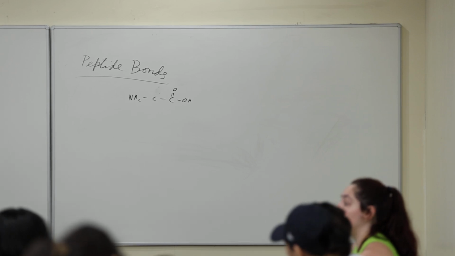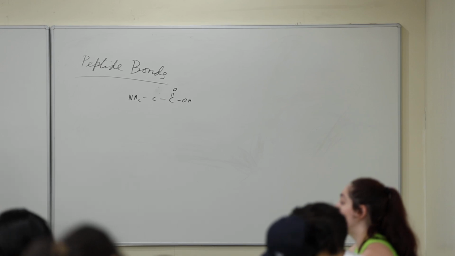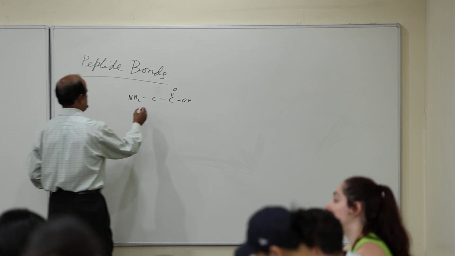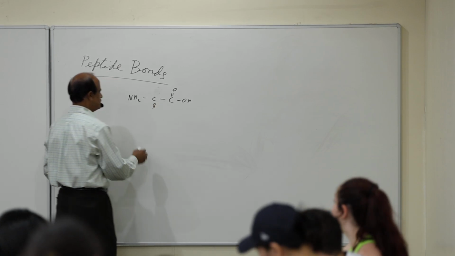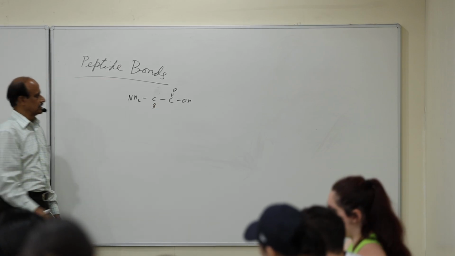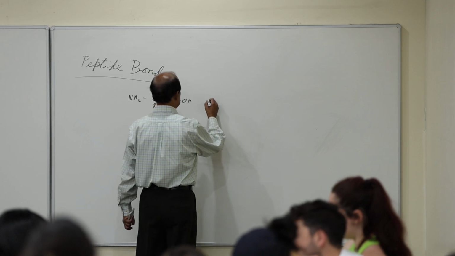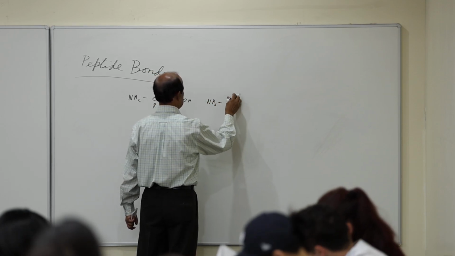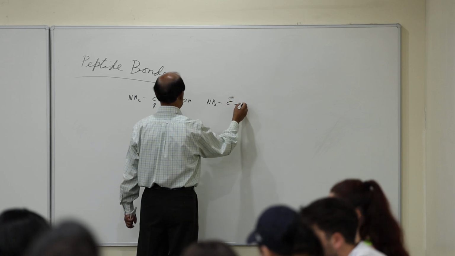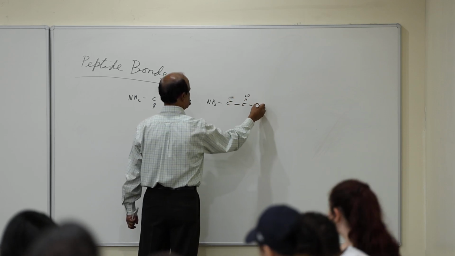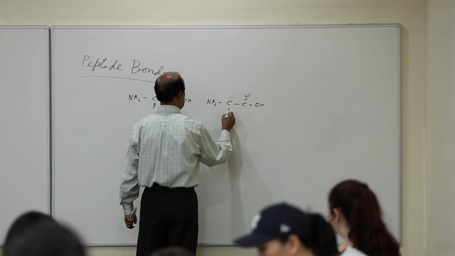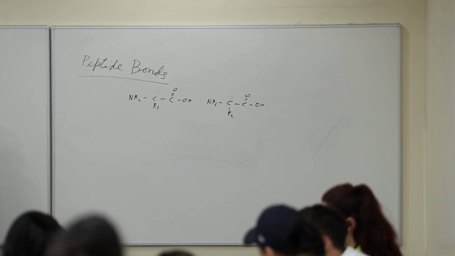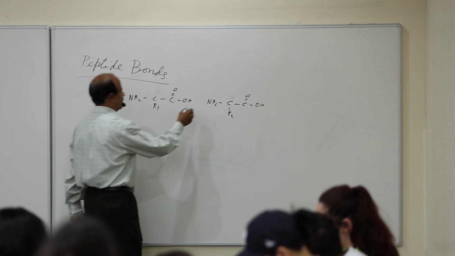All right, so this is the amino acid depending on the R group. This can combine with another amino acid. So let's say this is R1 and R2, and you can remove a molecule of water from these.